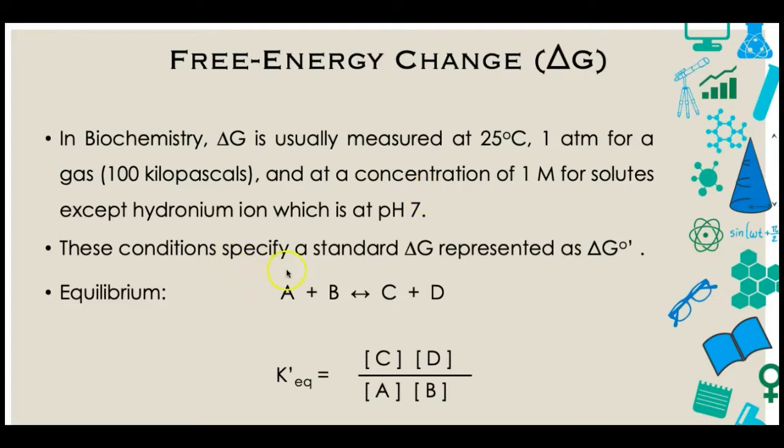These conditions specify a standard energy change, which is represented as the standard free energy change. So the equilibrium is A plus B interchangeable to C plus D, and the K equation is C times D over A times B.